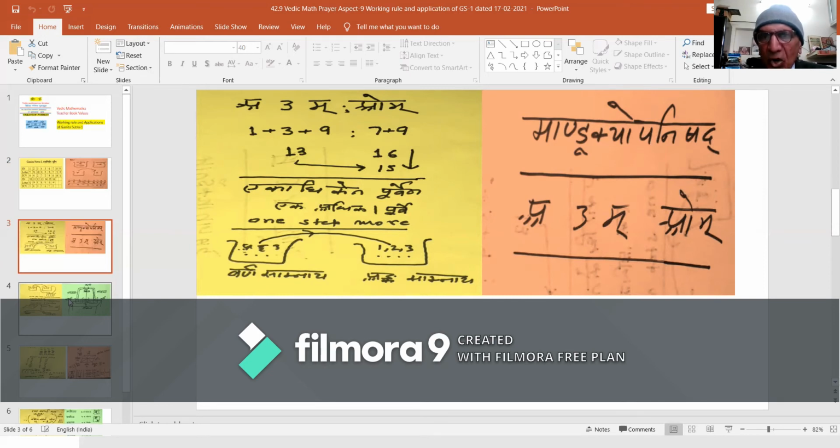The first letter A is the first vowel. The second letter U is the third vowel, and the third letter Ma is the last Varga consonant, and the composition is O. Now, let us take the help of the working rule of Ganita Sutra 1.